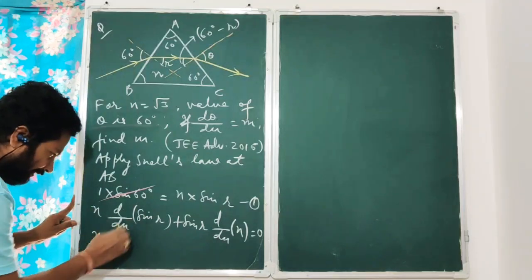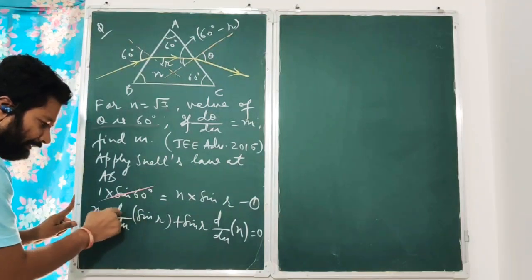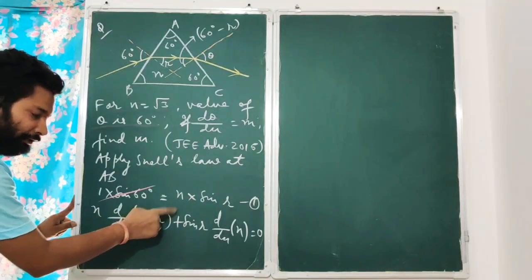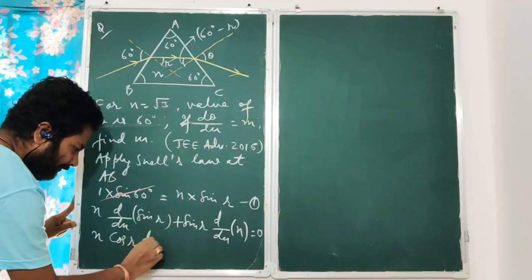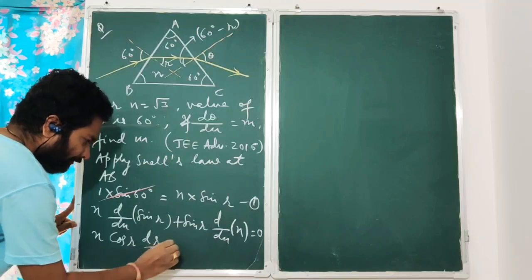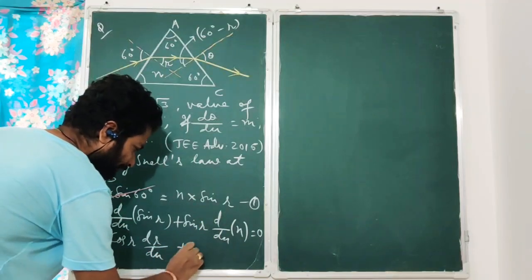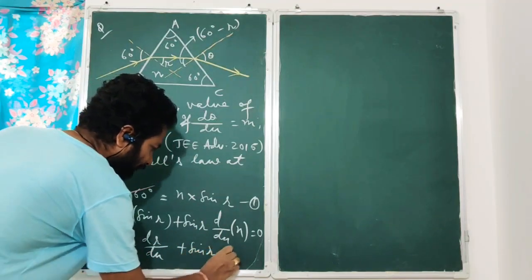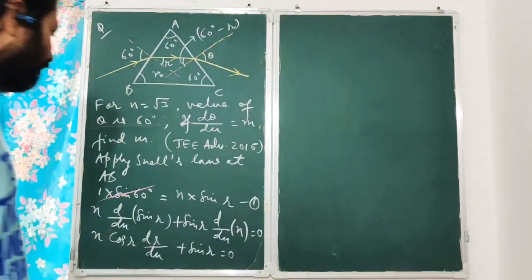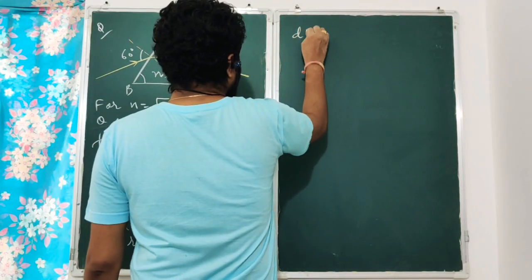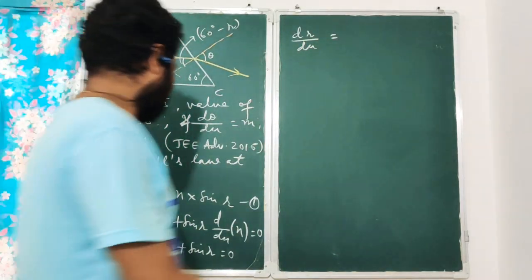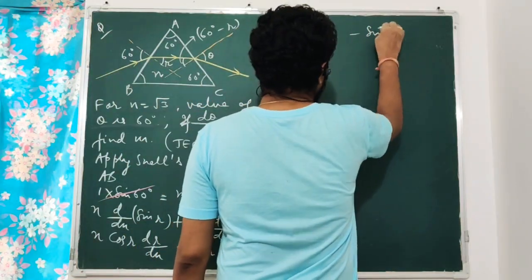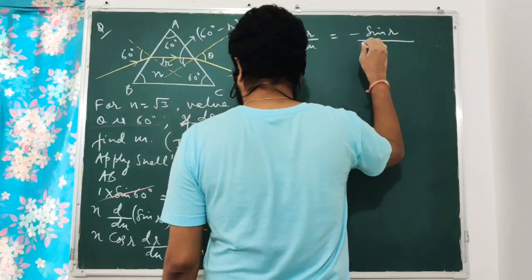So we can write this as d by dr of sine of r into dr by dn. So that will be n into cos r dr by dn plus sine of r, and this is equal to 0. So from this equation we can write dr by dn as equal to minus sine r by n into cos of r.